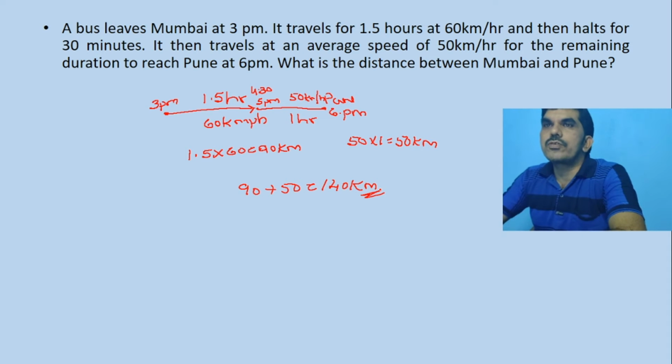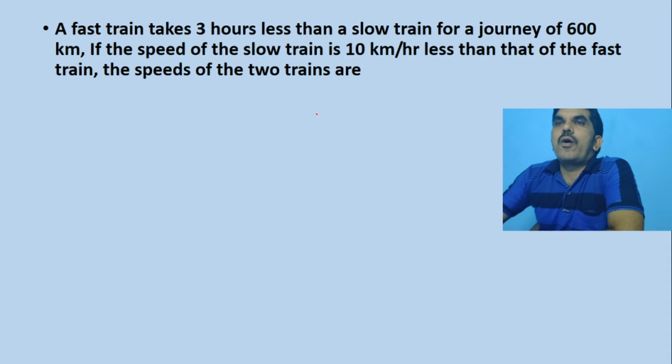Okay, we will move to the next question. Now, read this. A fast train takes 3 hours less than a slow train for a journey of 600 kilometers.